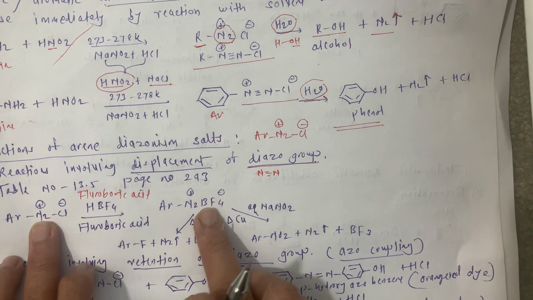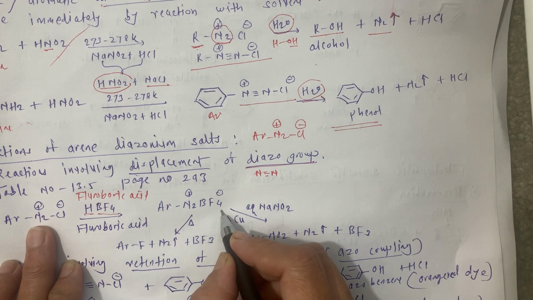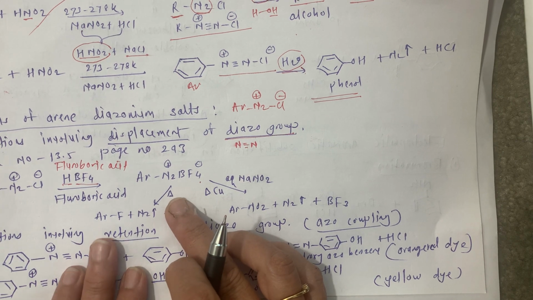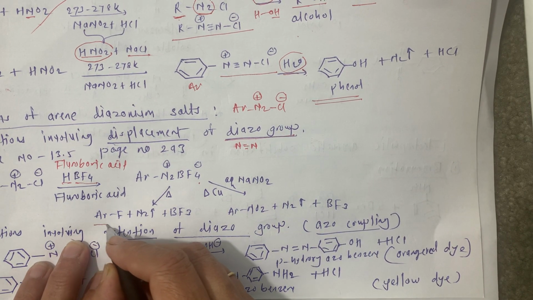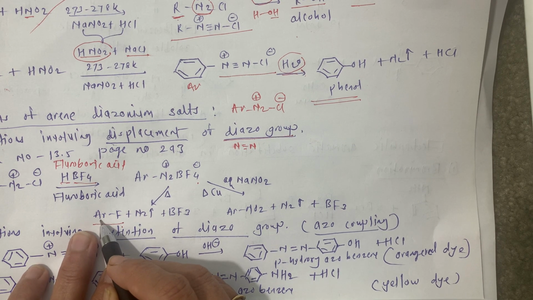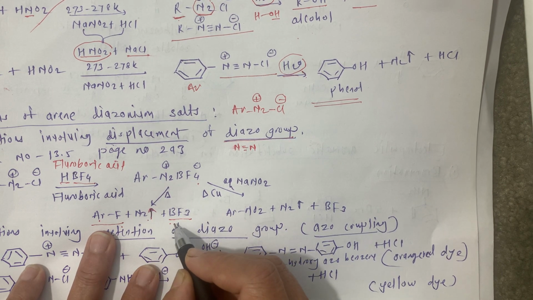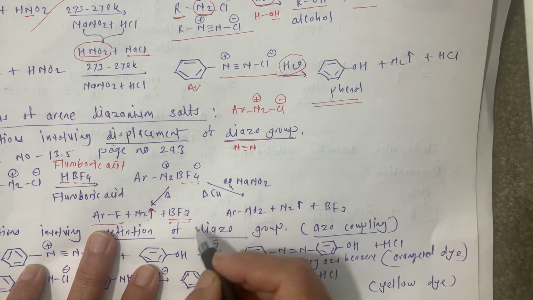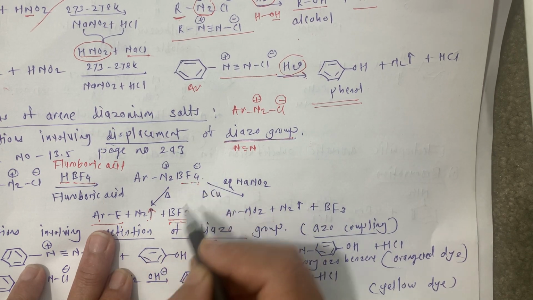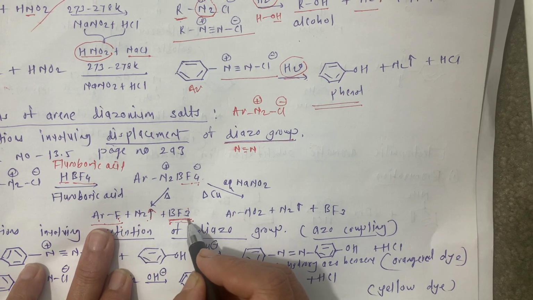With this N2, H is going to be removed and BF4 is going to attach over here. If we just provide heat, then the product is the fluoroaryl group, that is fluorobenzene. N2 comes out in the form of gas, and BF3 separates out. From this BF4, BF3 separates out, one F attached here. So this is ArF while the remaining part is BF3.